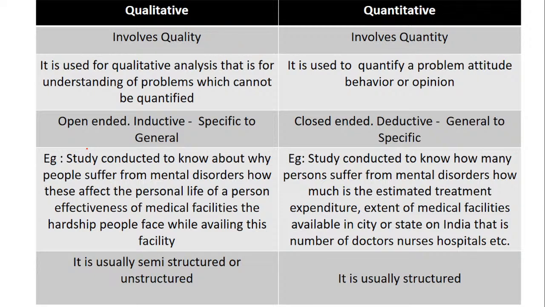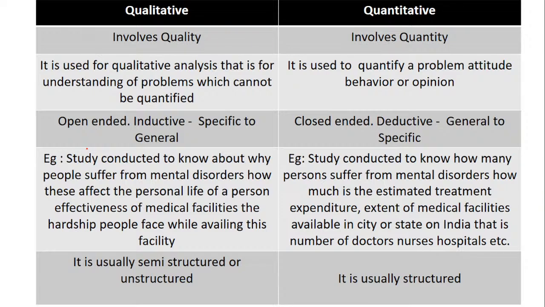Now what is a variable? A variable is nothing but a number, a quality or a quantity. For example, you want to study the relation between tea and sleep, or coffee and sleep. That is called a variable. So tea and coffee here are two variables.